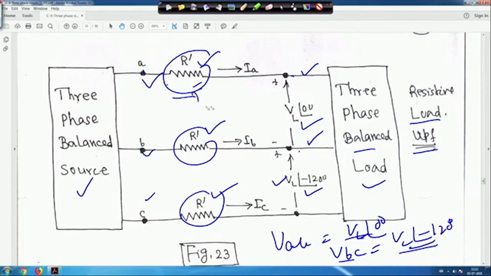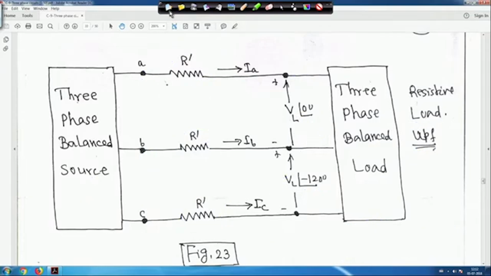But as the current IA is flowing, there will be a voltage drop here, so VL will be slightly less than VAB. So the magnitudes of VAB or VBC are not exactly equal to VL, because of the voltage drop in the resistances. But nothing to bother about that. We will show that the 3-phase system takes less material than the single phase.